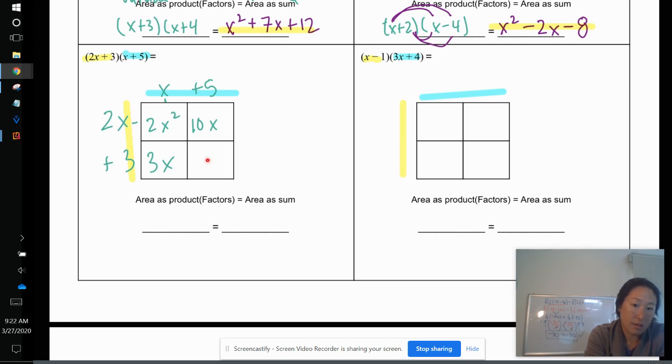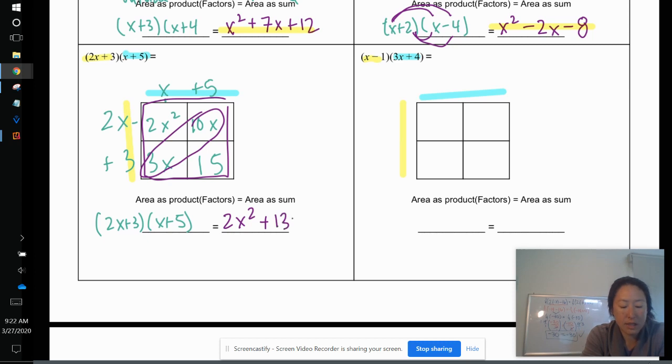And then this right lower corner is 5 times 3, which is 15. So on the outside, 2x plus 3 times x plus 5 would give me the inside area here. So 2x squared plus 3x plus 10x is 13x plus 15. This is my answer right here.